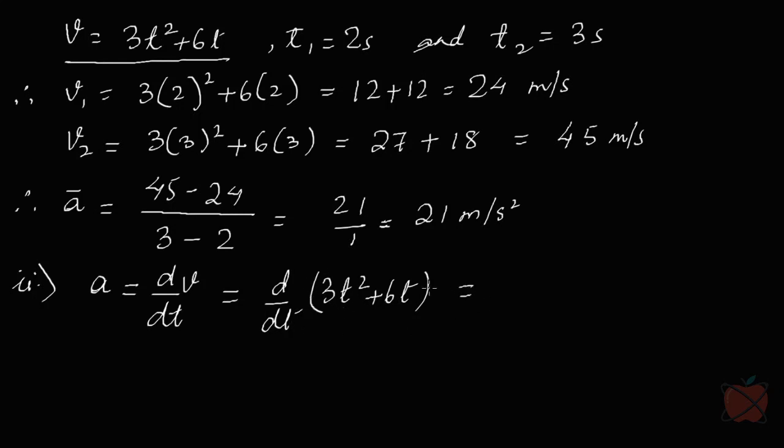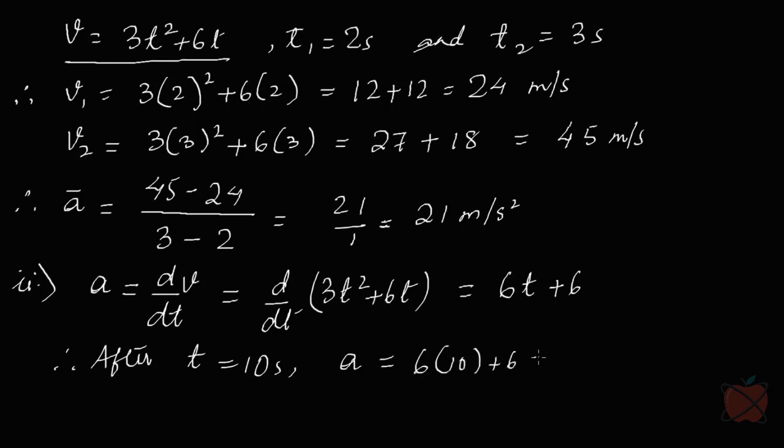Okay, so if you differentiate this, you will get 6t plus 6, right? So therefore, at t equal to 10 seconds, a will be how much? 6 into 10 plus 6, that will be 66 meter per second square. That is the answer. Okay.